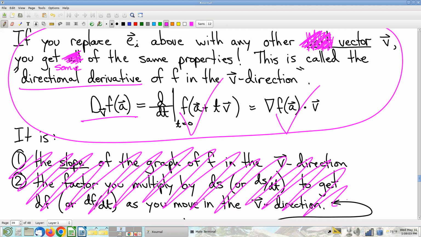But this remains a pretty useful concept. I can use any vector, and a very simple formula allows me to compute how the function is changing as I move in that direction. That's very broadly useful. A lot of people prefer this definition. I'm one of them. Totally honest.